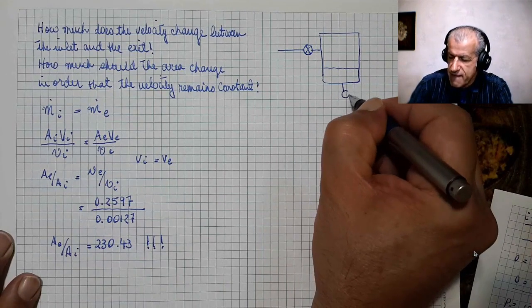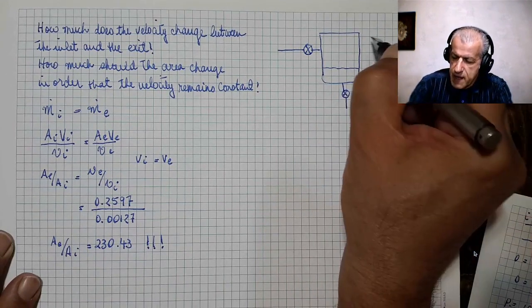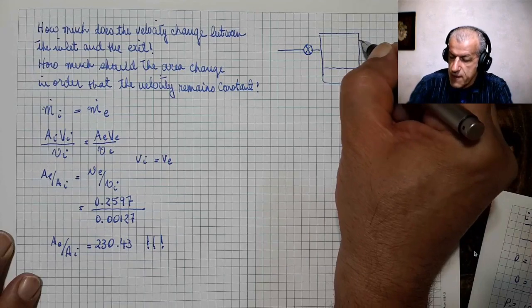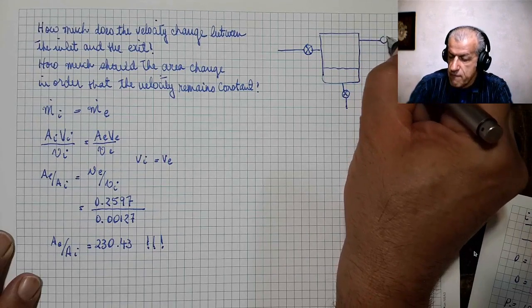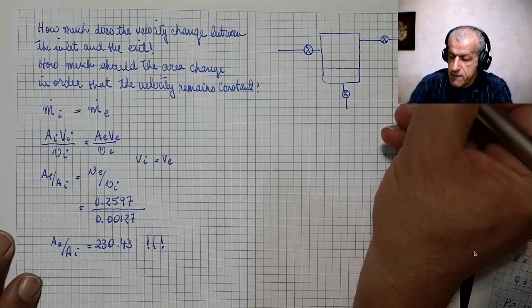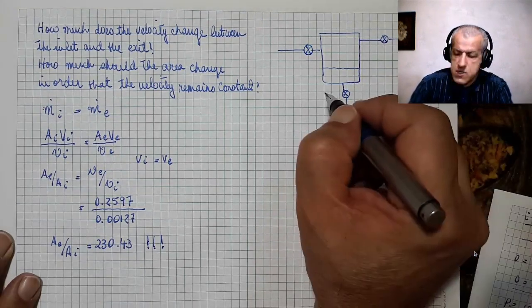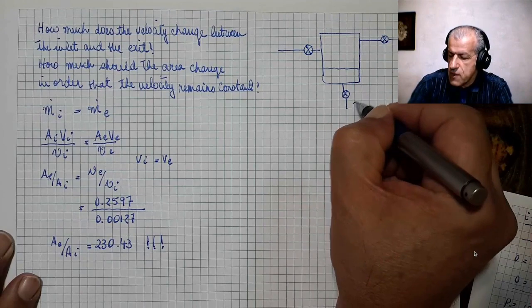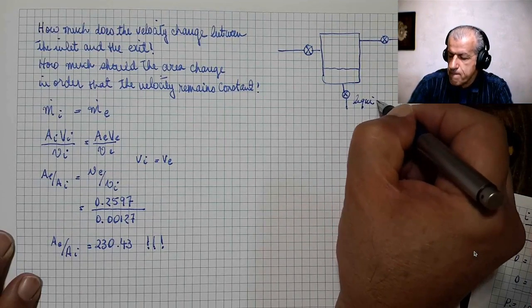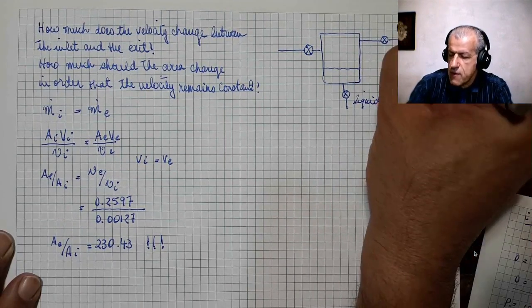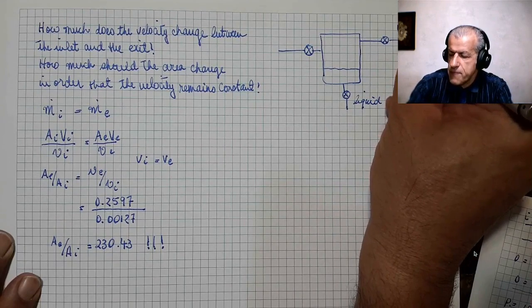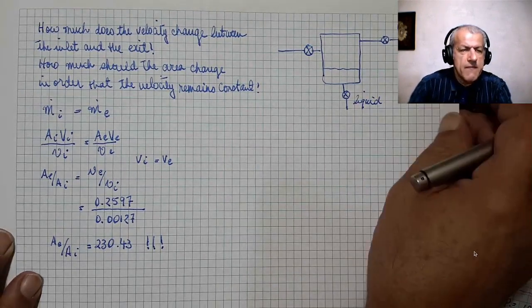There is a valve here, and a valve there. In fact, there are two exits. This is for liquid, and this is for vapor.